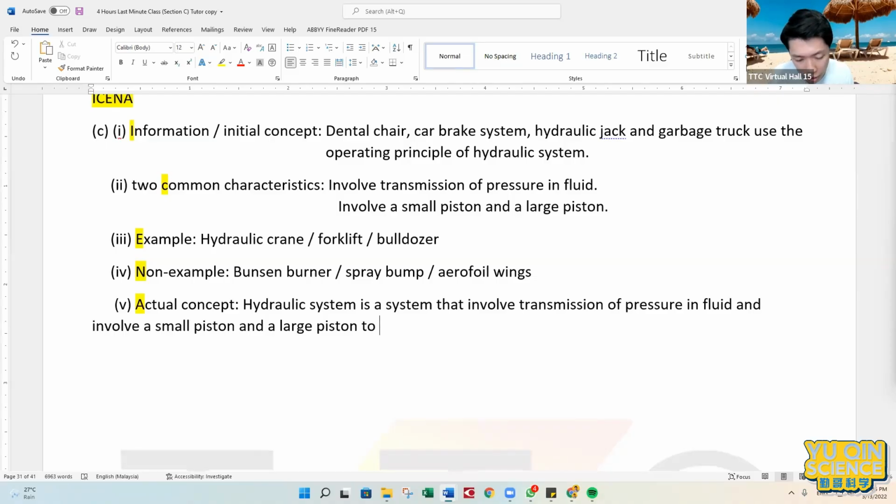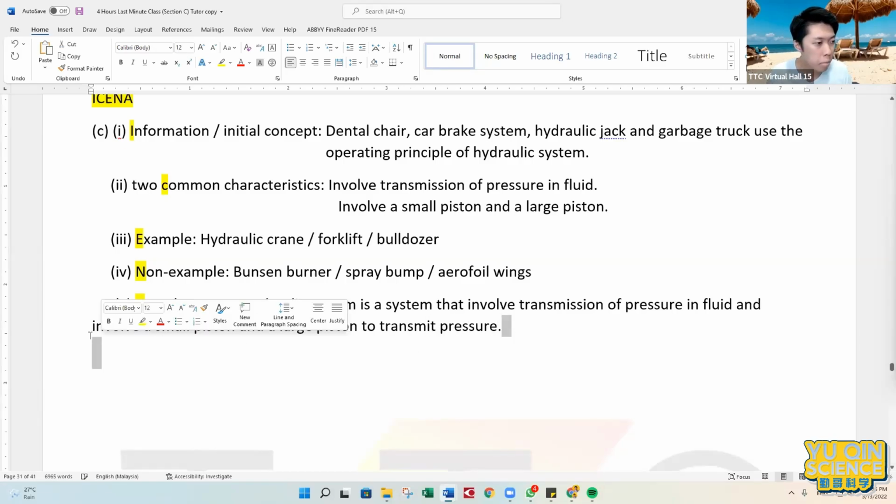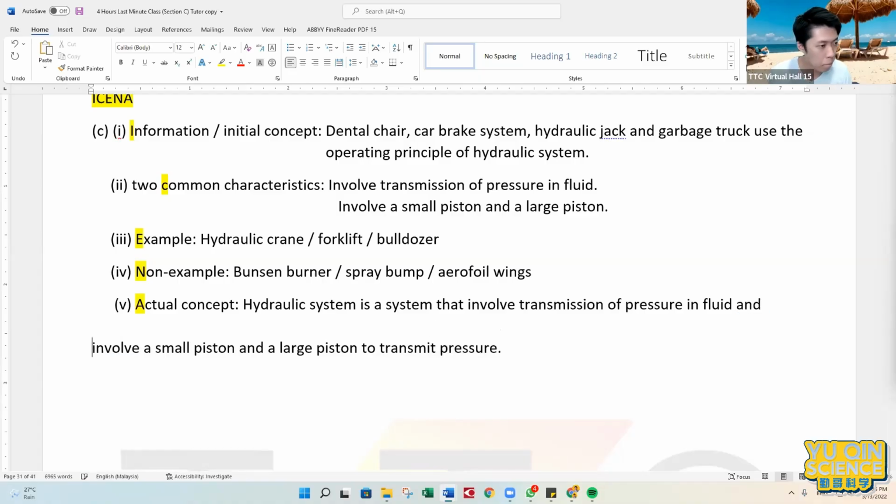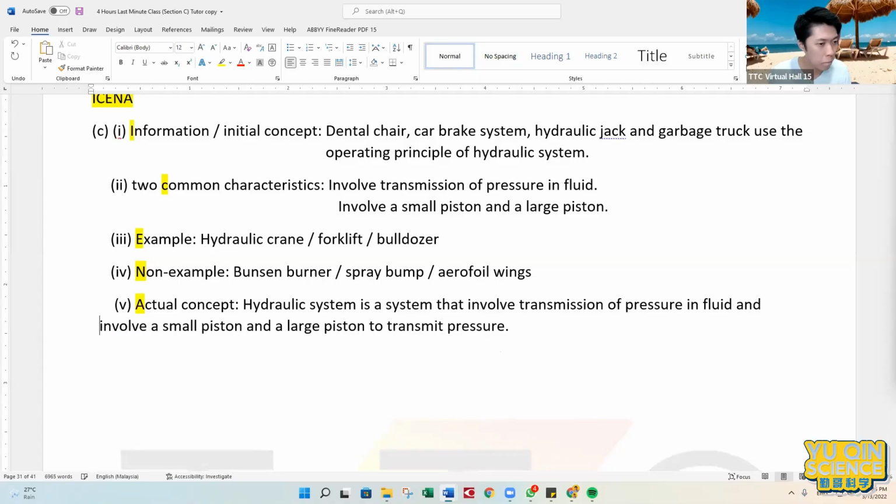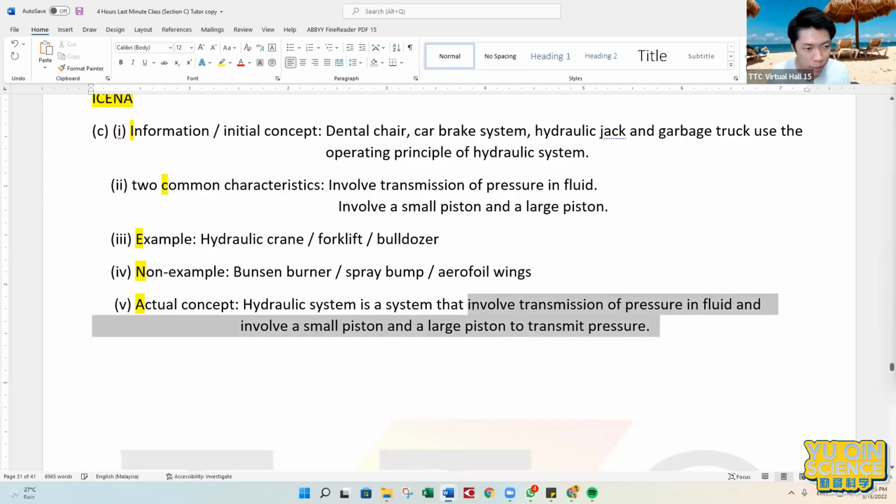I just want to add on a bit to transmit pressure. Okay, there you go. Do you realize this is actually from here? No problem.